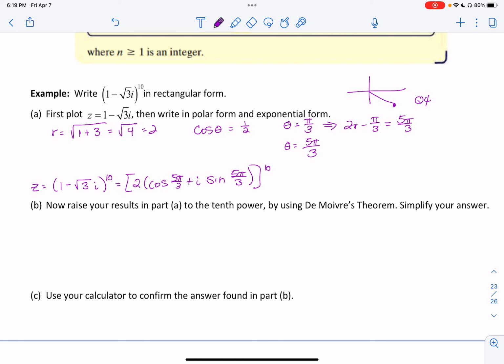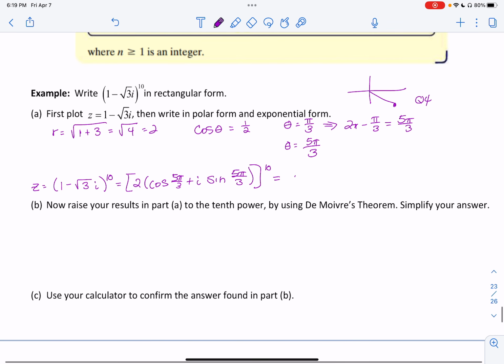That I do not desire to do, so I'm going to write this in exponential form. I'm going to say it's 2e^(iθ), and I'm going to use the 5π over 3. I'm going to take all of this to the 10th power now.